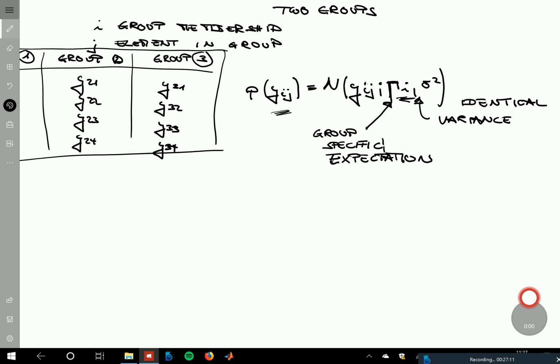Now, this, of course, is the same thing, and this is also very similar to what we've seen previously for the GLM. This is all GLM business, saying that the ijth data point arises from a group-specific contribution mu I and a data and group-specific error that is independent of all other errors.